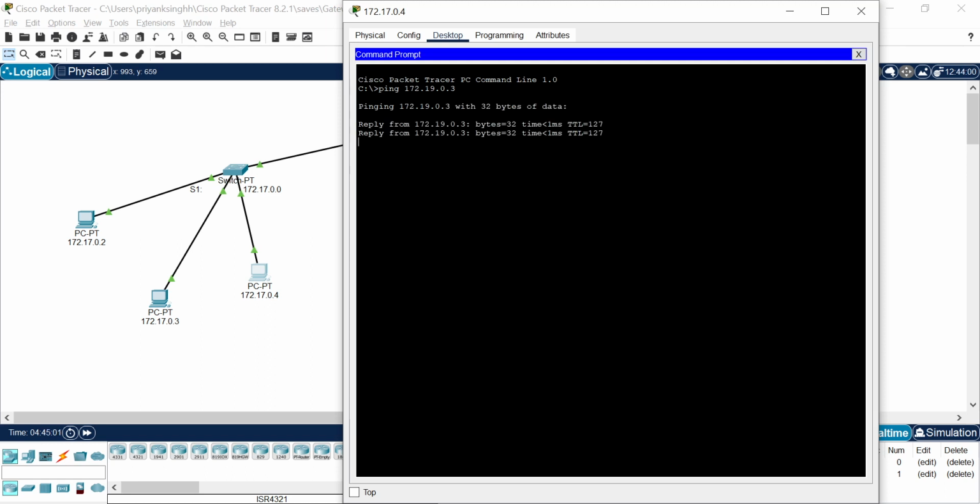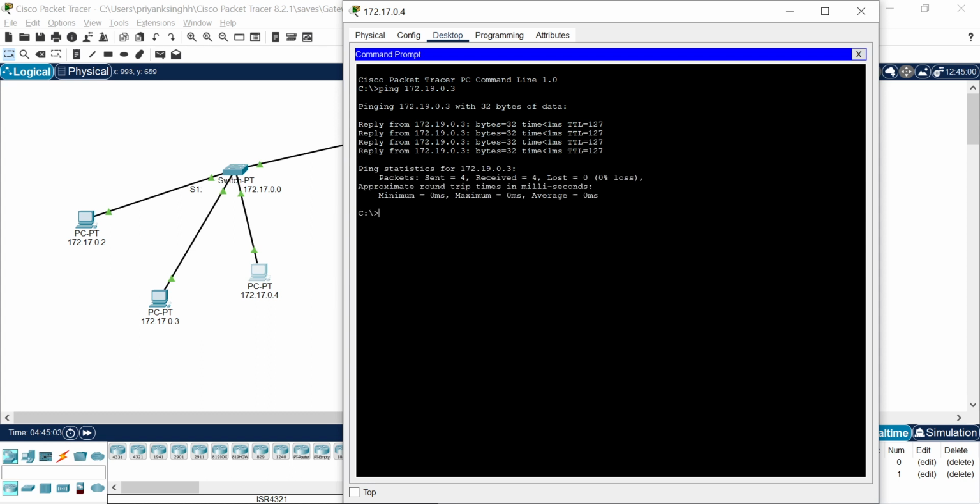Let's see. I am able to communicate with 172.19.0.3 from 172.17.0.4. I got a successful message over here, with 4 received, 0 lost.